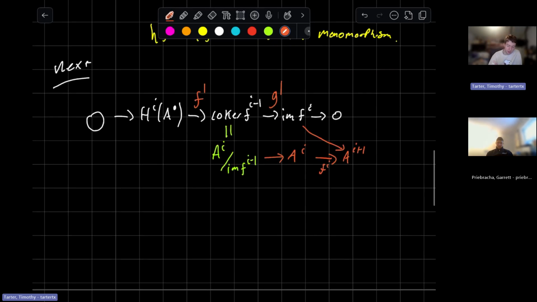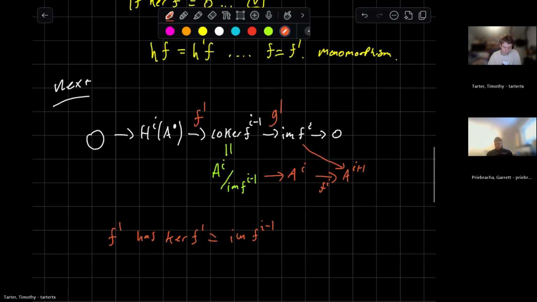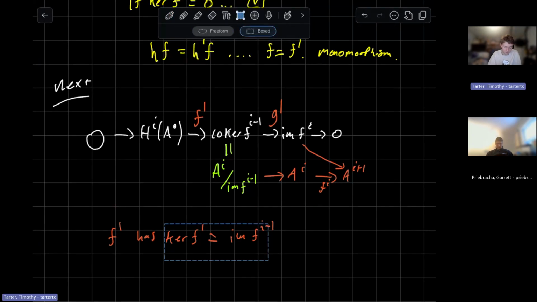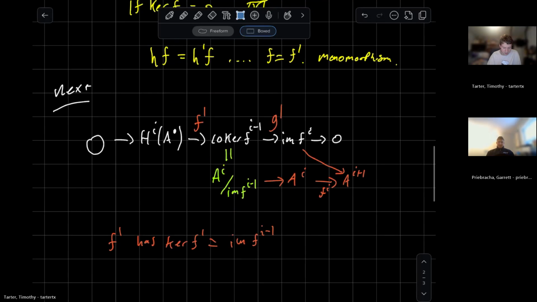And the image of F prime has co-kernel F prime equal to image of F. Yeah, it does. That looks right, which makes it Fi minus 1.